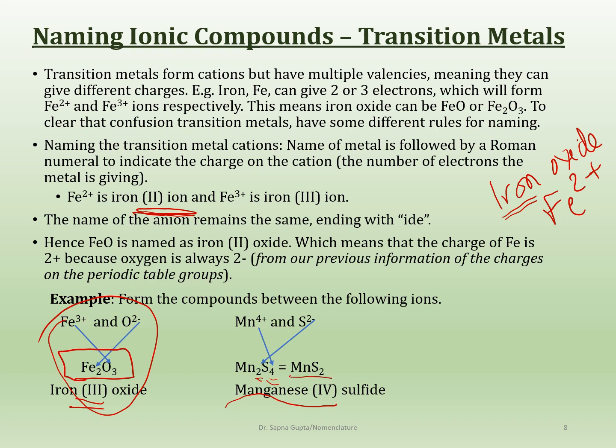So write MnS2, don't leave it as Mn2S4. Just bring it down to the lowest ratio possible. So this becomes manganese 4 sulfide.